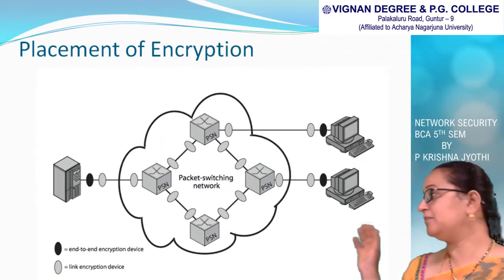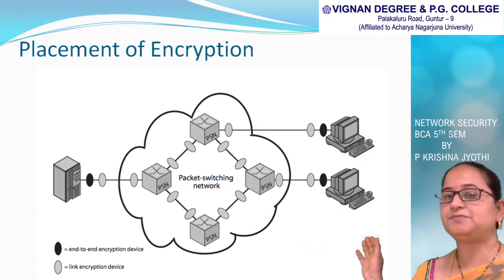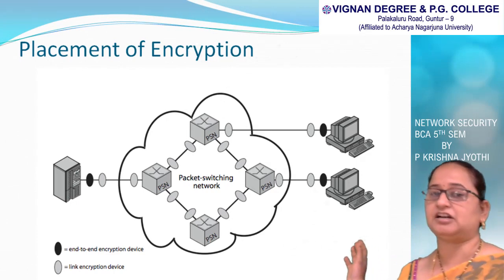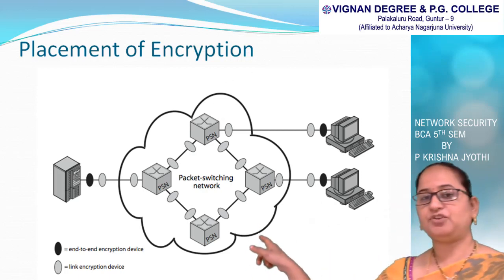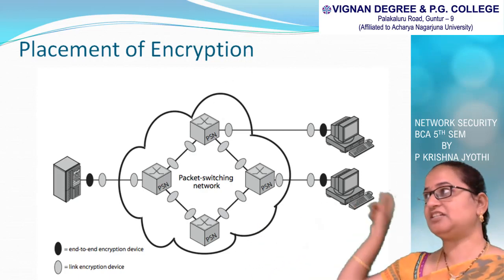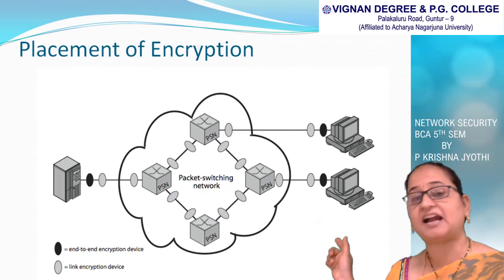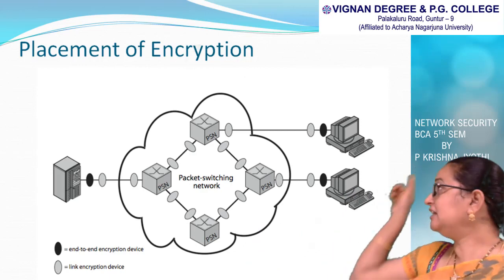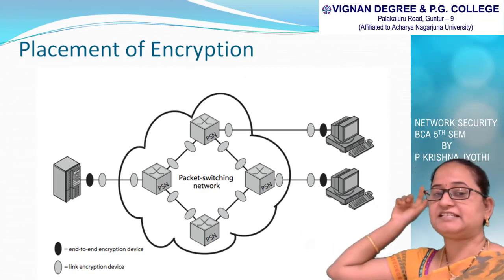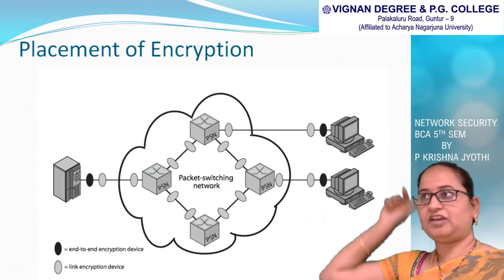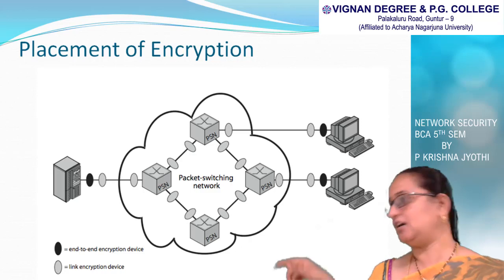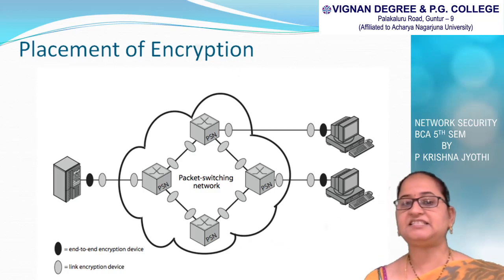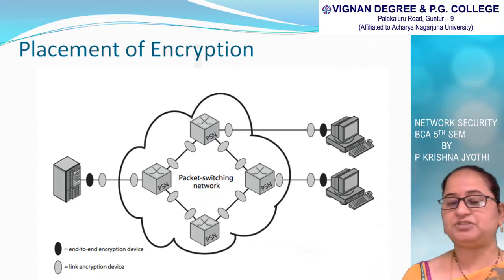This diagram clearly represents the placement of the encryption devices in the network. If you observe, there is a communication server, and this communication server is connected with the packet switching network, and here we have two devices. Here there is a dotted oval shape, which represents the end-to-end encryption.